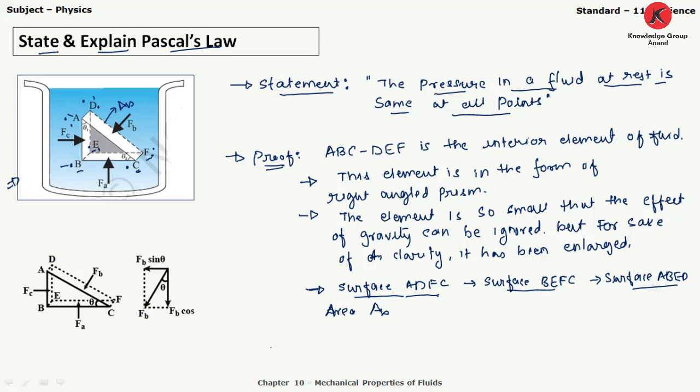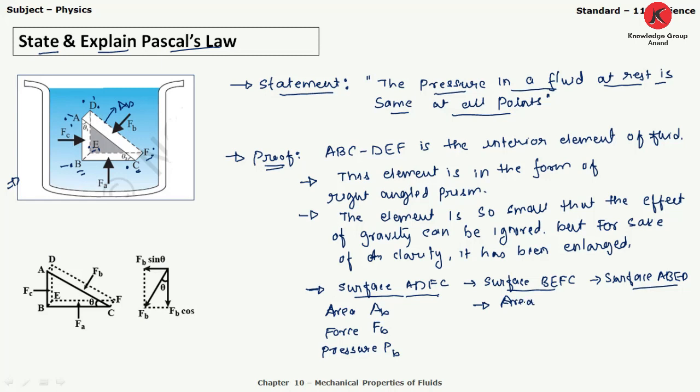And the force is FB, which is normal to the area surface. And ultimately the pressure will be PB.